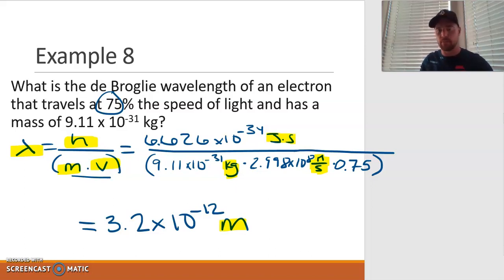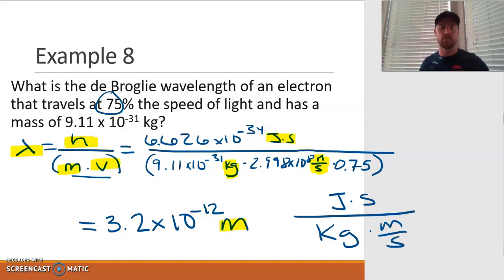So I'm going to remove all the numbers. Instead, I'm just going to look at the units. We have joule second on the top, and on the bottom we have kilogram and meter per second. So the second, the meter, and the kilogram are all basic SI units. You can't break those down any further. But if you recall, the joule is a derived unit.